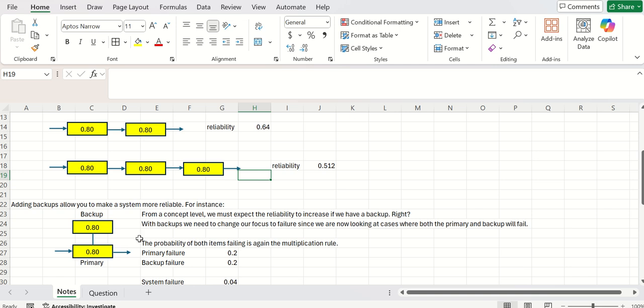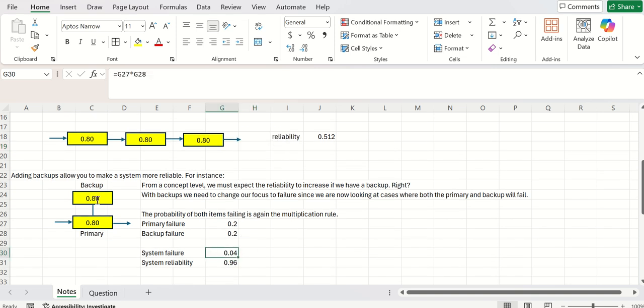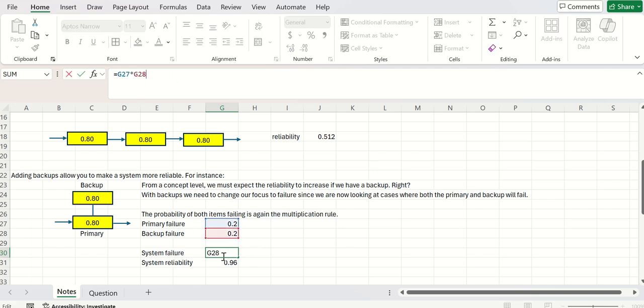If we switch to that concept, we're looking at the probability that the primary will fail, that's 1 minus 0.8, and the probability that the backup will fail, 1 minus 0.8, because now for both of these failing at the same time, we can use the multiplication rule, right? So the probability of the system failing is 0.2 times 0.2, right?